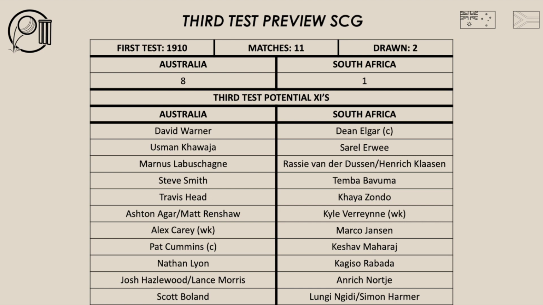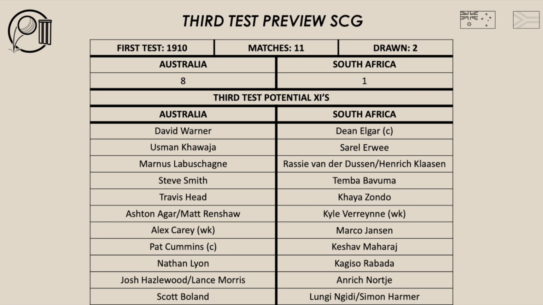So either Rassie van der Dussen, who missed out the second test, or Heinrich Klaasen could come in to replace De Bruyn for the third test match at the SCG. South Africa don't really have enough batting depth in the squad to call upon. So they either have to go back to Van der Dussen, who played the first test, or they try out the wicketkeeper batter in Klaasen to replace De Bruyn for this third test.